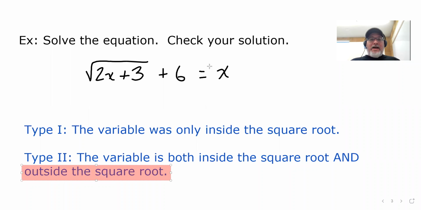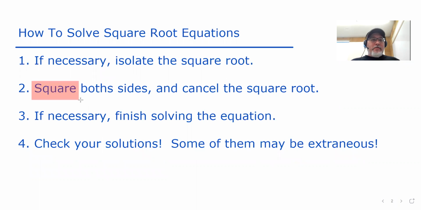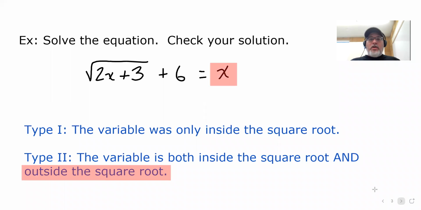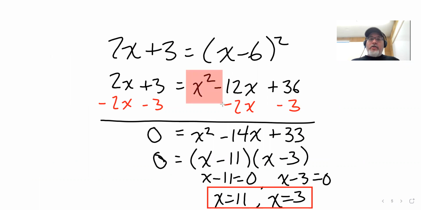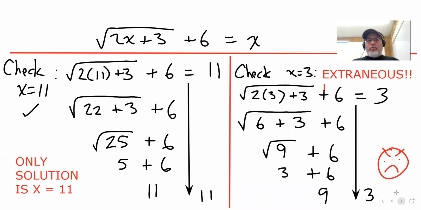Because if there's a variable on the outside of the square root, then when we do the squaring move, that variable becomes squared, as it did upon this move, which created this x squared, which created a quadratic equation, which created two solutions. Usually, sometimes it's one. But more importantly, squaring can alter the truth value of a statement, and therefore extraneous solutions can step in.